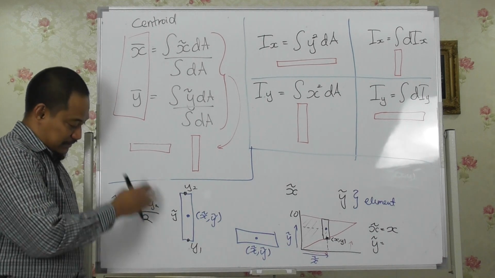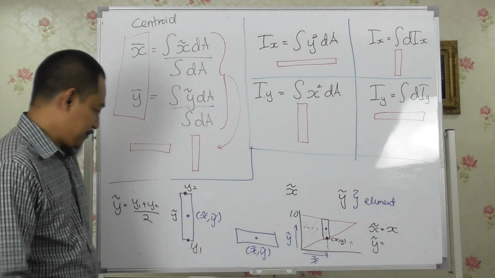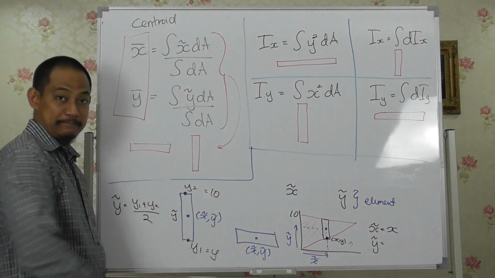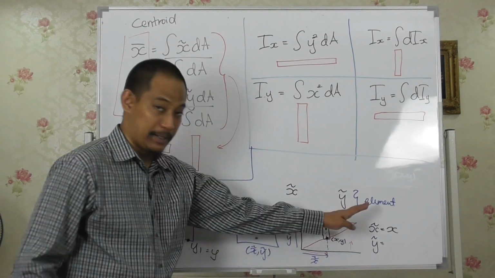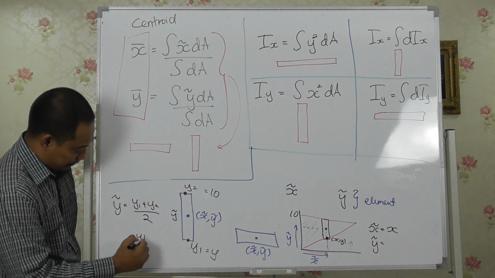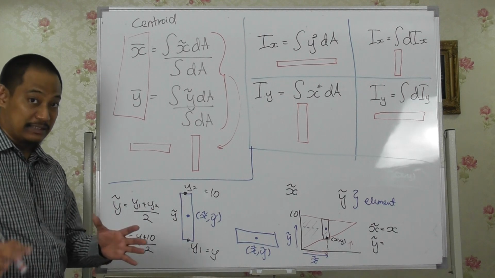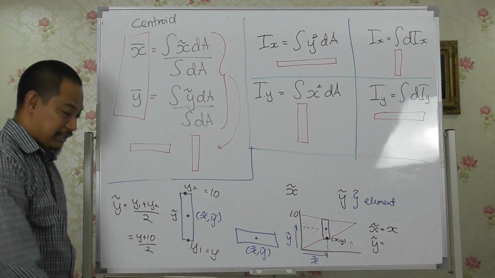So just take it, this is the average. If in this case y1 is y, y2 is 10, for this special case, 10 and y, then it will become y plus 10 over 2, right? That is if that is the case. If it is something else, then it is something else.